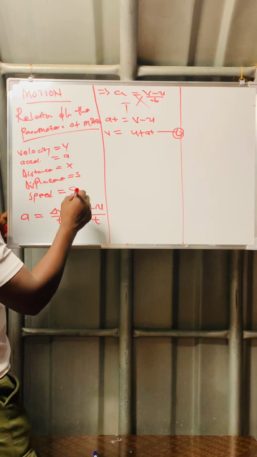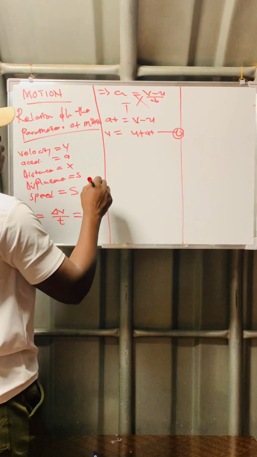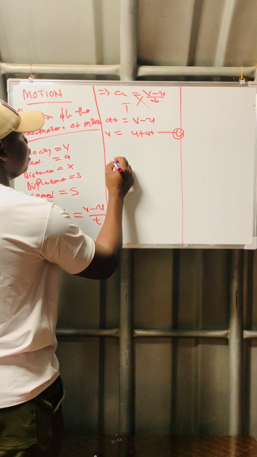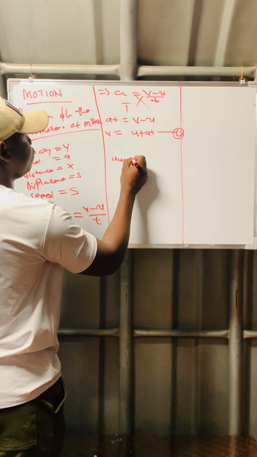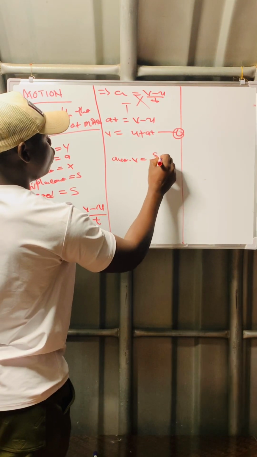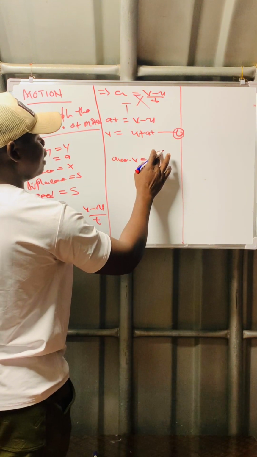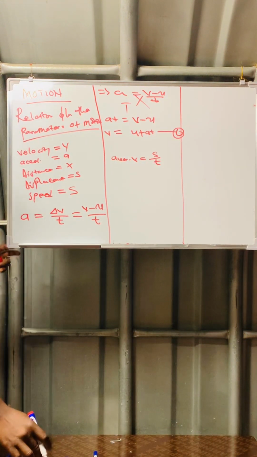Now, let's look at the second equation. We know that average velocity is the same thing as displacement over time.